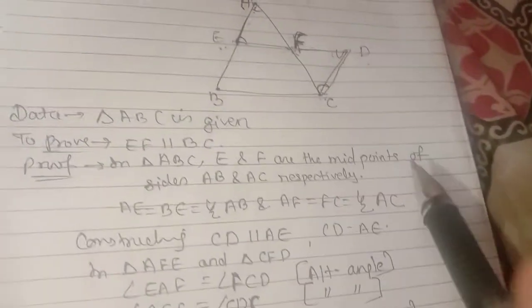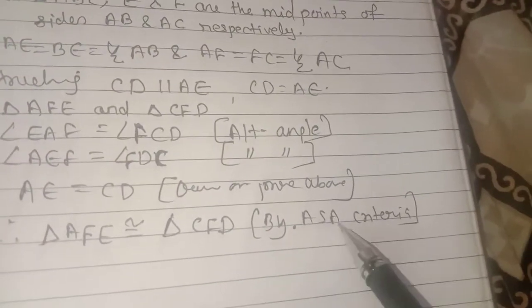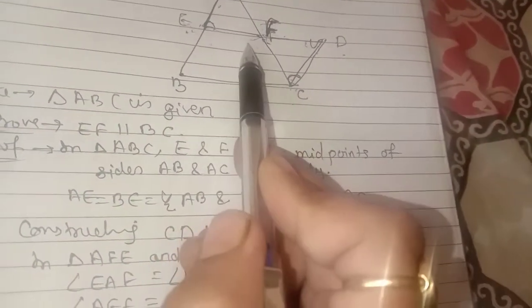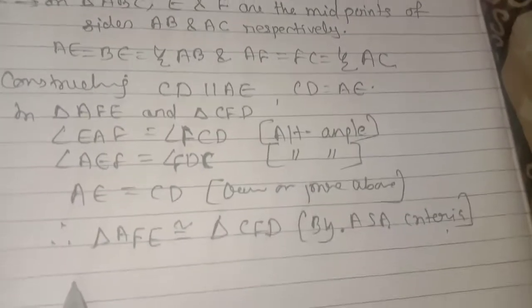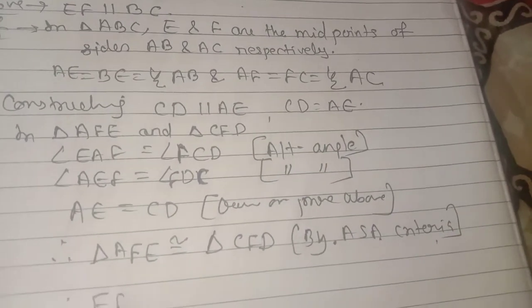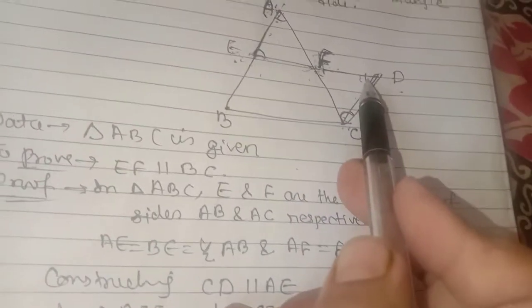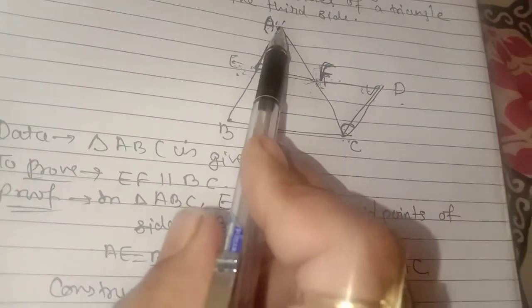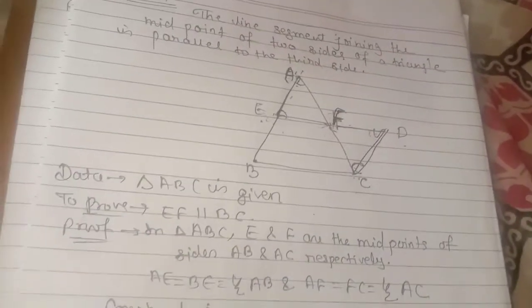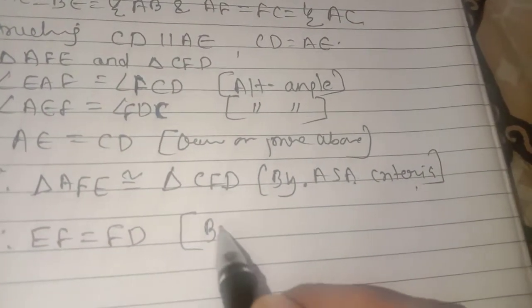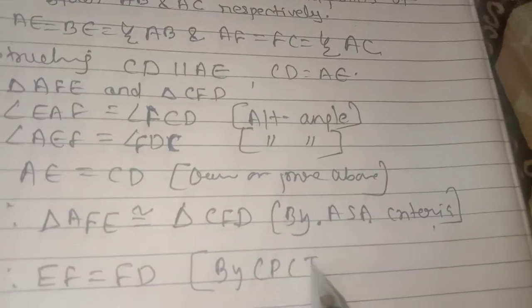So we have proved that by the angle side angle criteria. So we can say that EF is equal to FD. We'll write therefore EF is equal to FD. Can you see here, EF is equal to FD and FA is equal to FC, by CPCT.